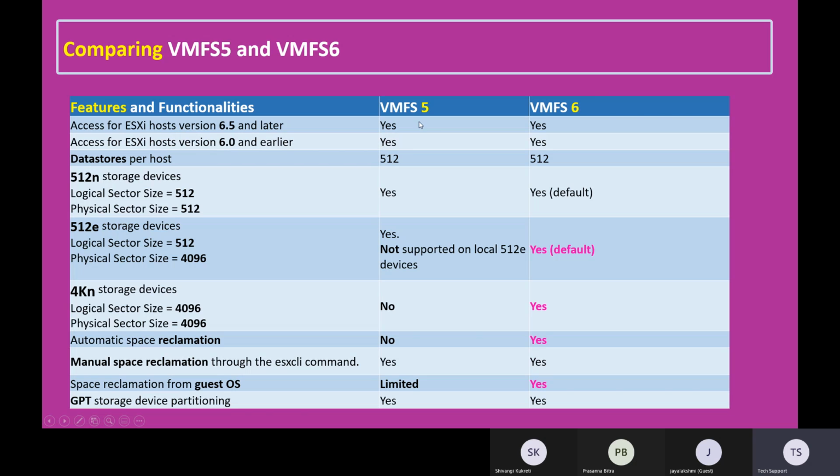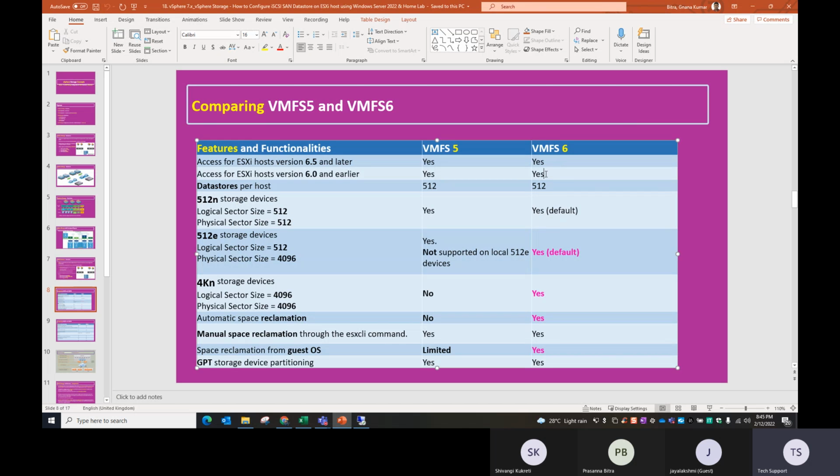But in most scenarios, VMFS 5 is only recommended when we are using an old version of ESXi. But with the latest versions, starting from 6.5, you can go for VMFS 5 and VMFS 6. Here, I mentioned a star, or we can make it as no, because when we are using a lower version, the only supported version is VMFS 5.